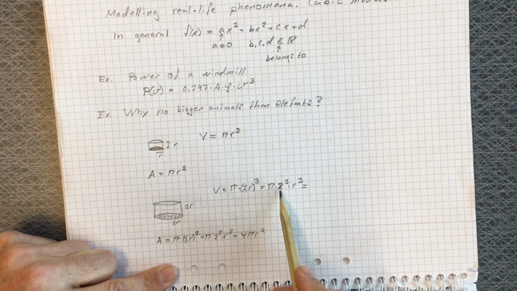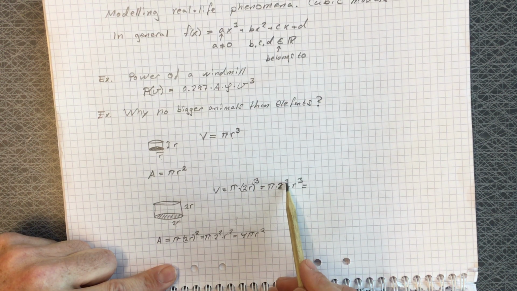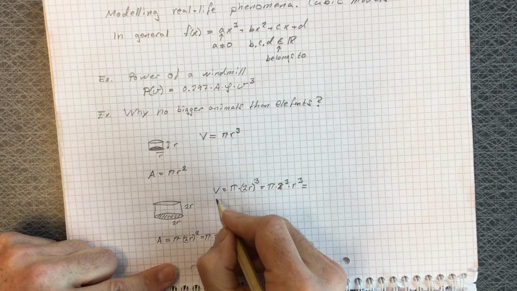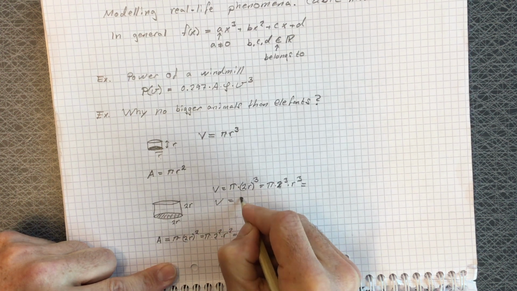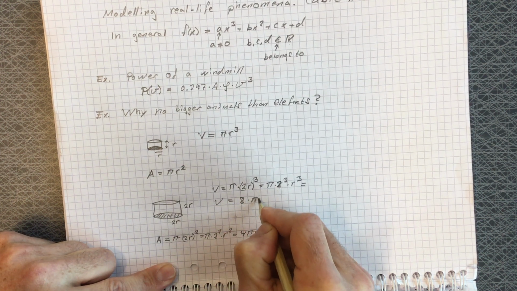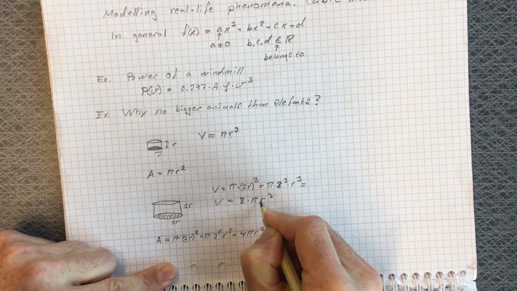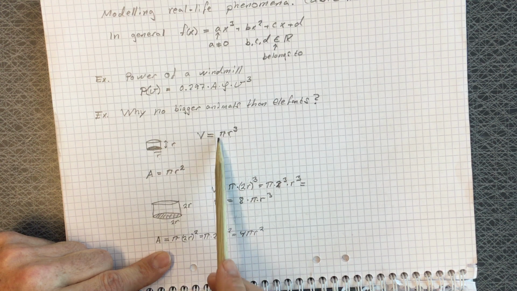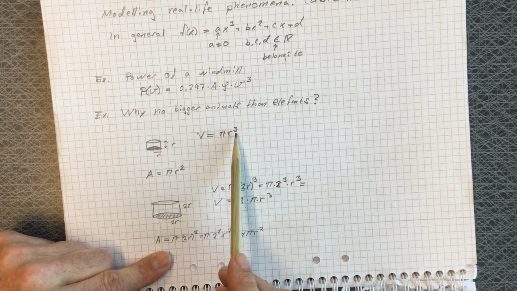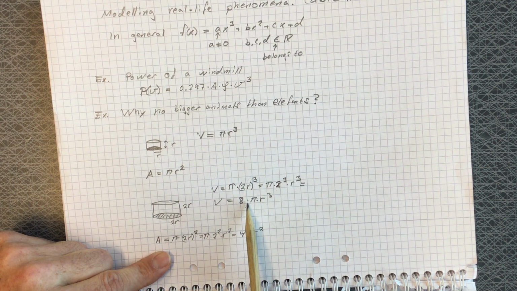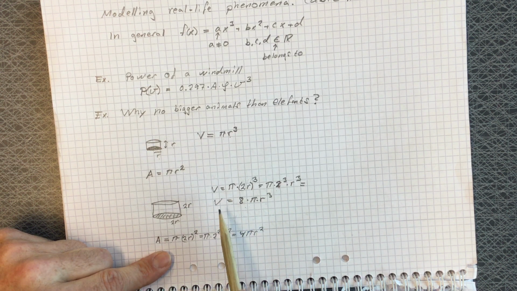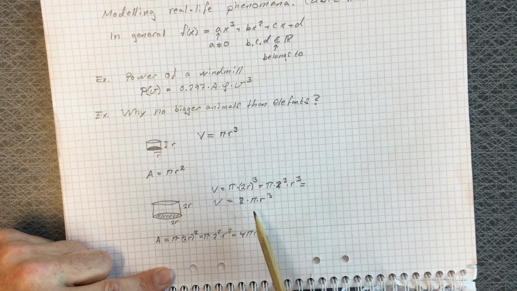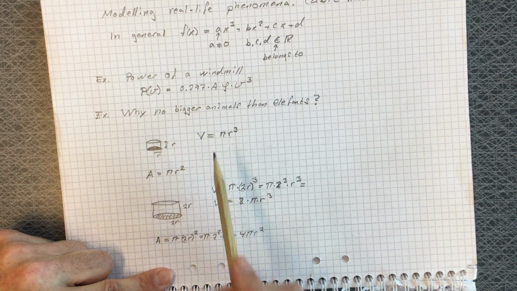Well, you know the exponent law, so 2 to the power of 3 is 2 times 2 times 2. That means that the volume is 8 times pi times r to the power of 3. Now, let's compare these two volumes. Pi r cubed, but here you multiply with 8. Therefore, the volume and therefore the mass of these animals is 8 times as big.